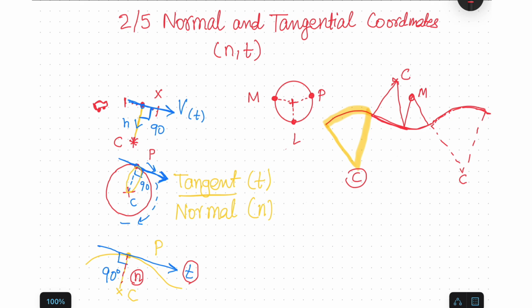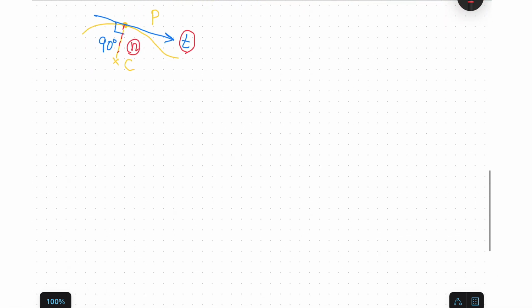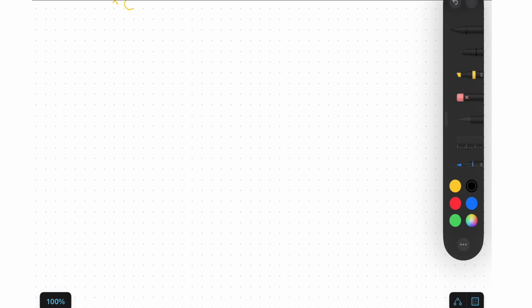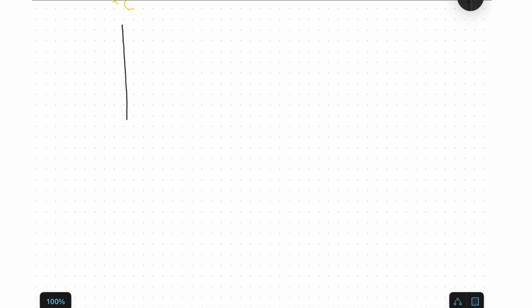Now let's talk about the velocity vectors. I will move up and talk about how we draw velocity vectors. Suppose this is a straight line here, and there is a curvilinear path like this.